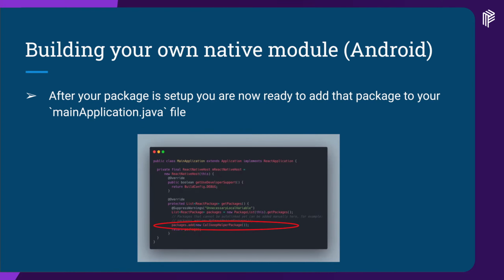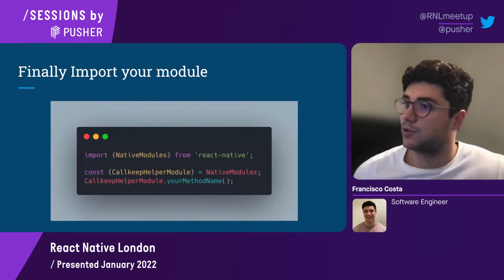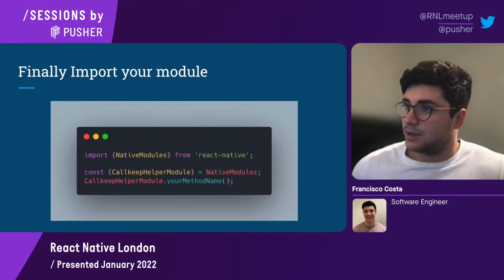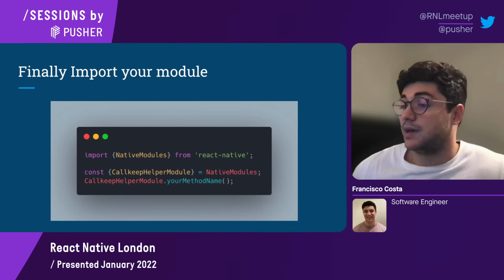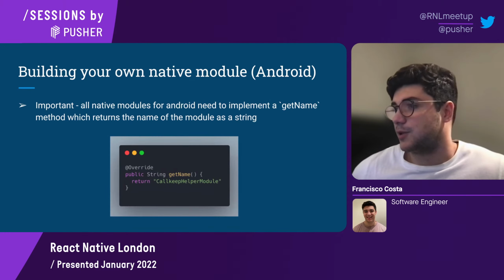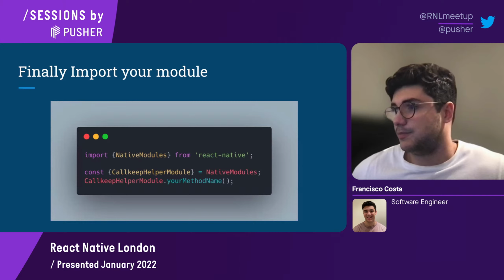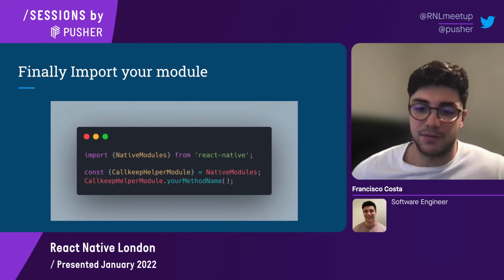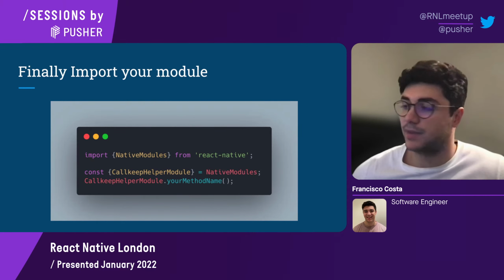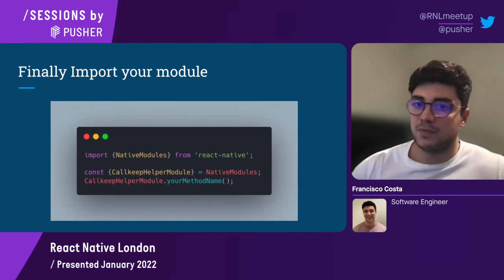And then React will have access to it, and you'll be able to call it from your React front end like so. NativeModules will come from React Native, and you'll be able to pick out the module that you wrote and named from the getName method in NativeModules. And then you can call all of the methods that you created within that class from here as well.